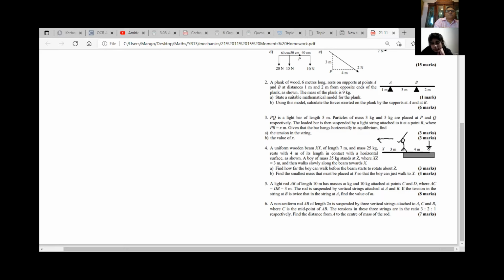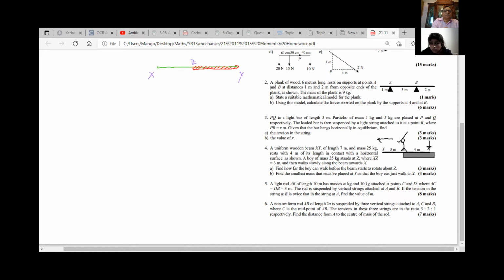Let's sketch the diagram. The beam is supported on a table, for example. This point is X, this is Y, and this point is Z. The whole length is 3 and 4, which is 7 meters.